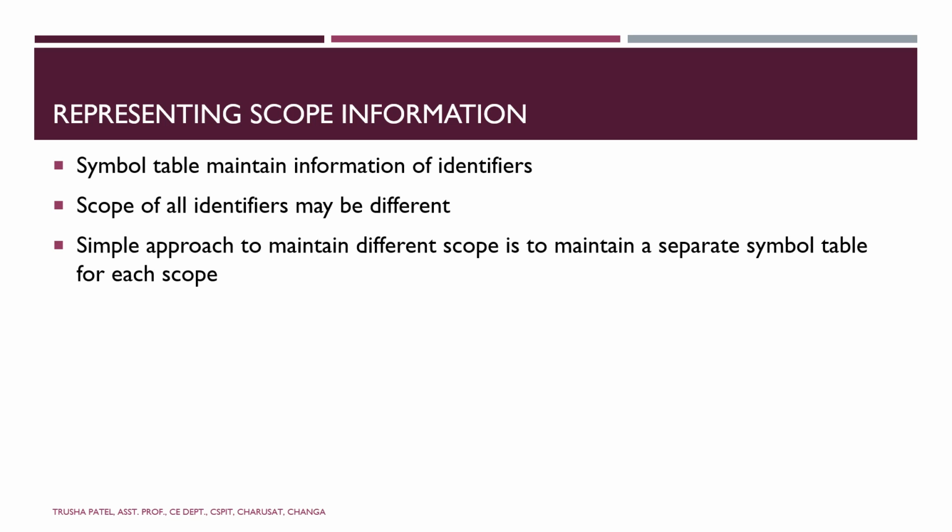In that case, the simplest approach is to maintain a separate symbol table for each and every scope. Suppose we can have one global symbol table in which we maintain the information of all the keywords and the global variables. Then there will be a separate symbol table for the variables which we have declared inside our void main. Then a separate symbol table for each and every user defined function.